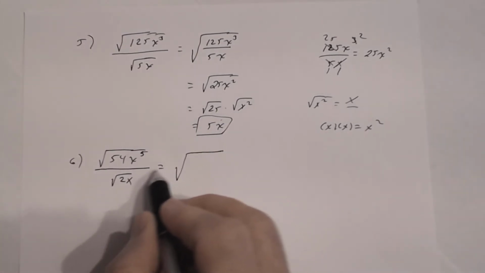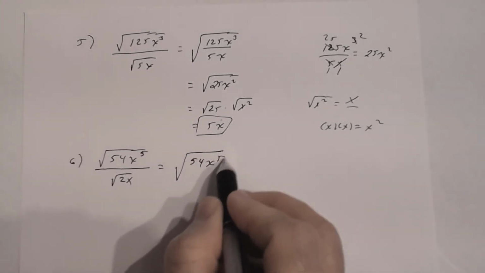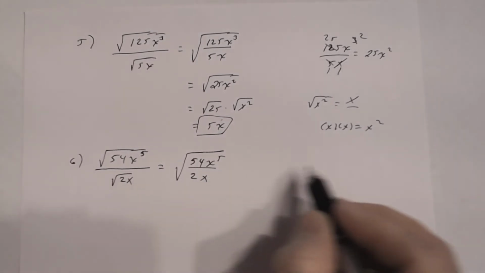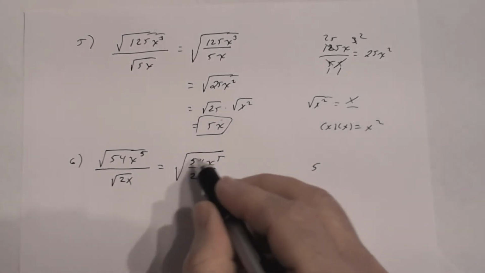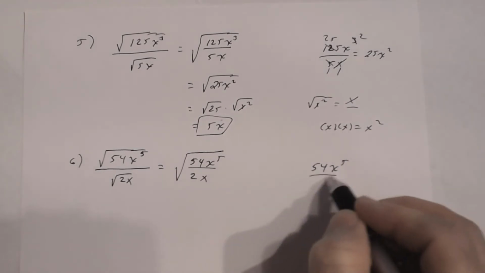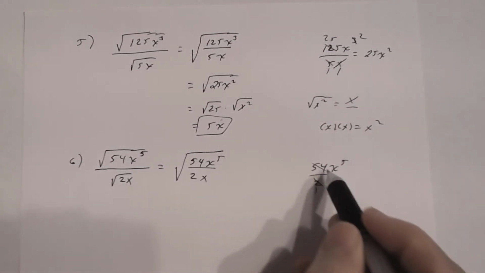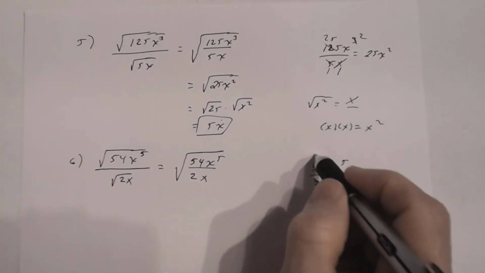So according to the quotient rule, I can write this as 1 radicand, 54 x to the 5th divided by 2x. Now, some of you may need to go off to the side and work with that rational expression that's the radicand. So I get 54 x to the 5th divided by 2x. And then let's simplify. 2 goes into 2 one time. 2 goes into 54 27 times.